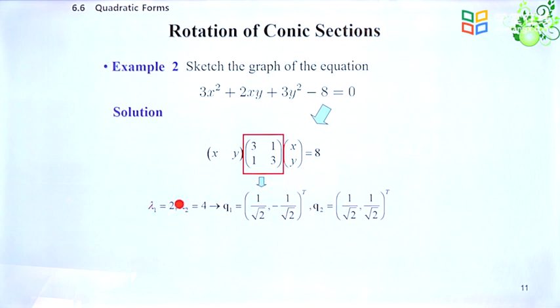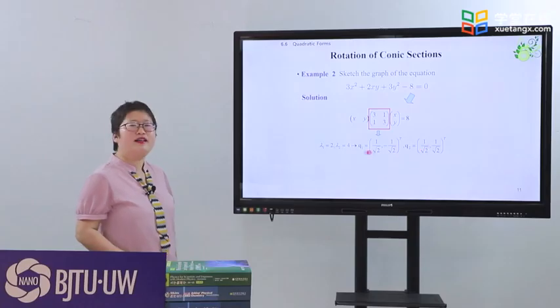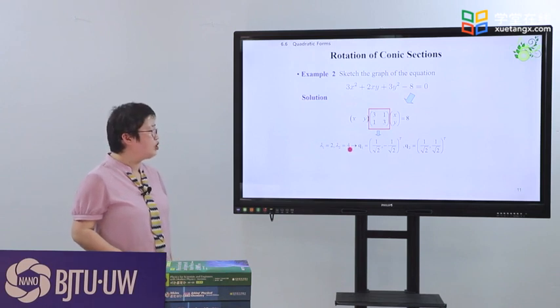We know how to calculate the eigenvalues of this 2 by 2 matrix, right? Just determinant of A minus lambda times identity matrix equals 0, and you get lambda. So here lambda 1 equals 2, lambda 2 equals 4. And then solve the homogeneous linear system (A minus lambda I) times x equals 0. You can get the eigenvectors corresponding to each lambda.